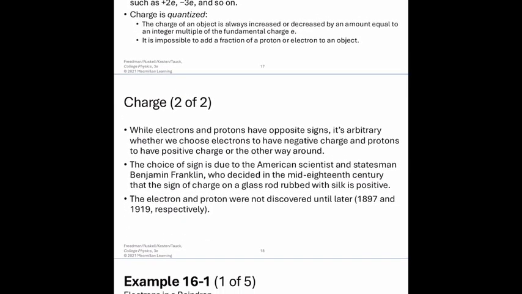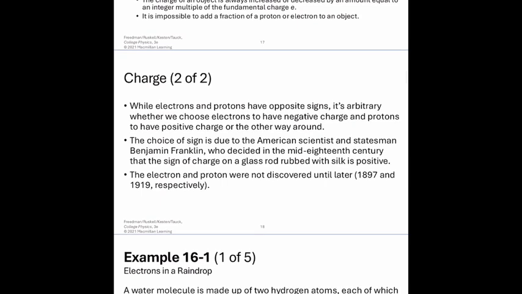Another interesting fact, protons and electrons have opposite signs, right? Protons we are calling positive, electrons we're calling negative, but in fact that's completely arbitrary. They're not really negative or positive.